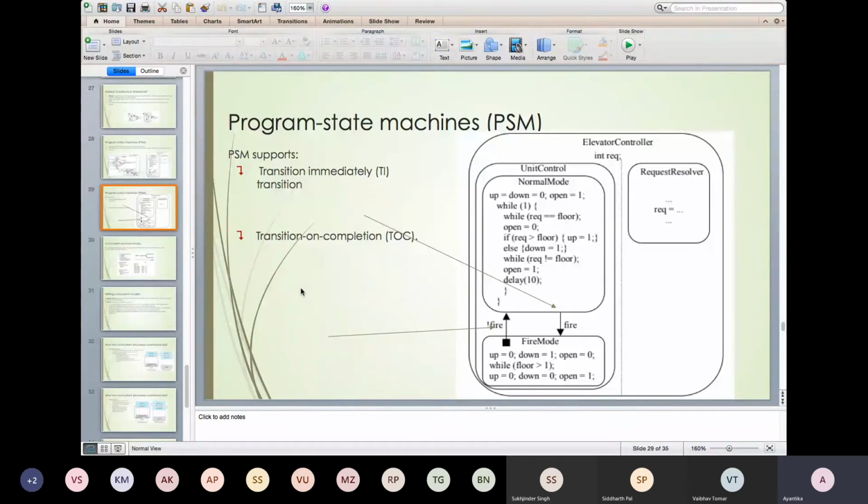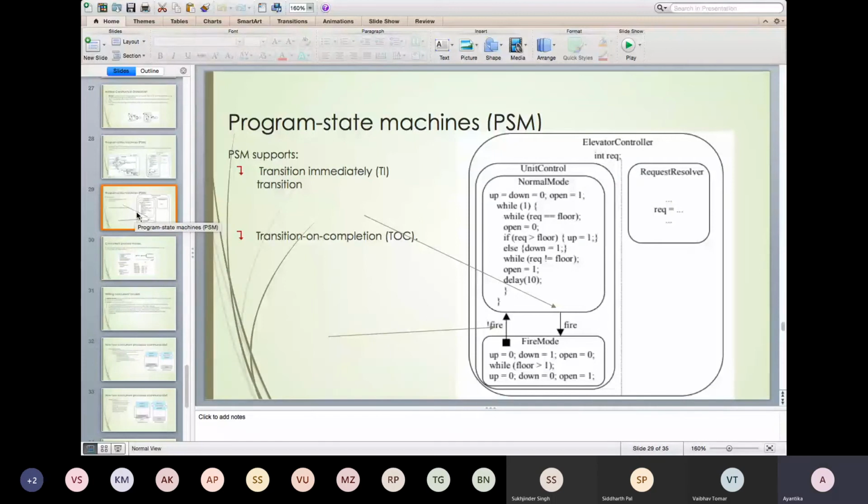In the left, there is a black box before an arrow. When this black box is associated with an arrow, that shows that this is a transition on completion type of transition. So this is just the concept. Maybe we will not get this type of different transition support in our state chart. But when we have to design, we have to keep in mind which transition I should make immediately and which transition on completion.